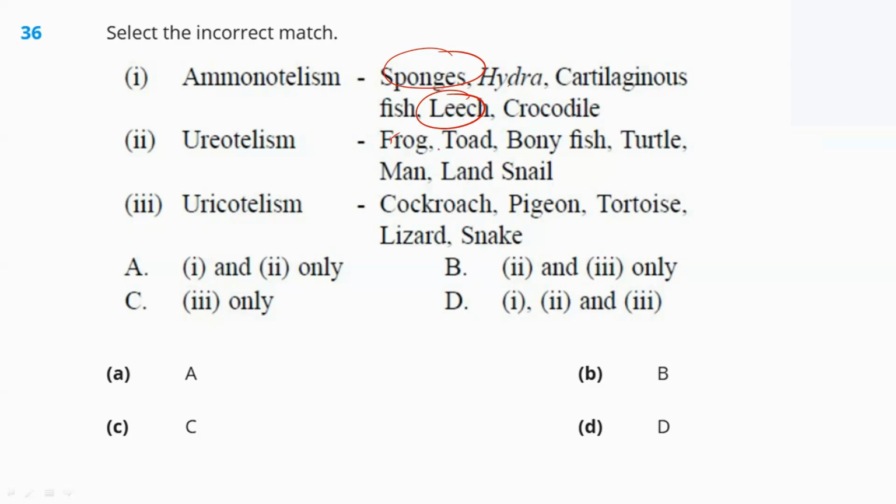It is the shark, and frog. Frog, okay, does not undergo ureotelism. So this is incorrect. And uricotelism is lizard and snake, right? So option number A is our right answer. 1 and 2 only are the incorrect match. That is option number A is the right answer.